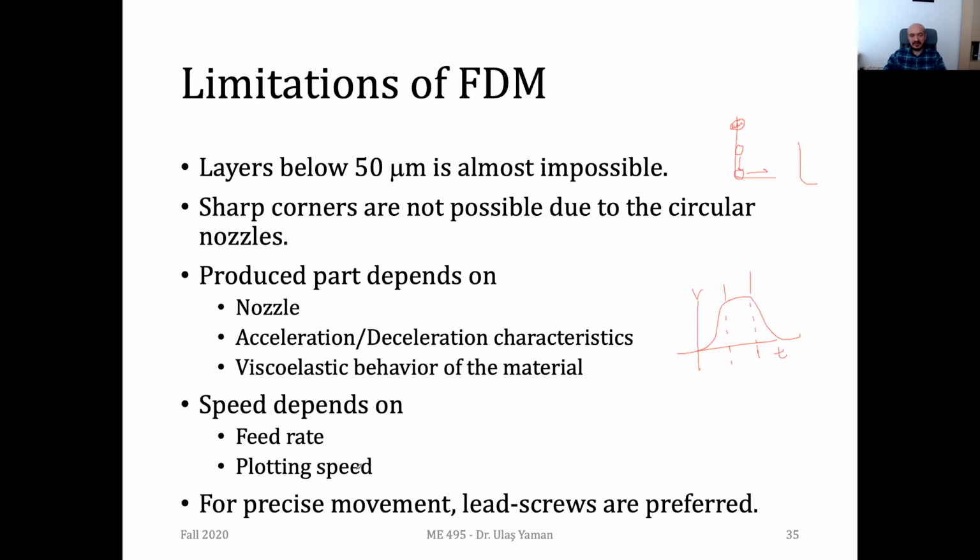The fabrication speed depends on the feed rate, the amount of material we are extruding while we are going over the table. The plotting speed is about the speed we are moving on the table, but feed rate is related to extrusion, the amount of material we are extruding in unit time.